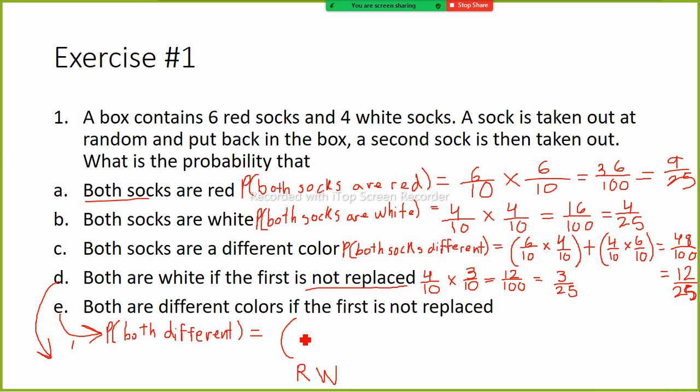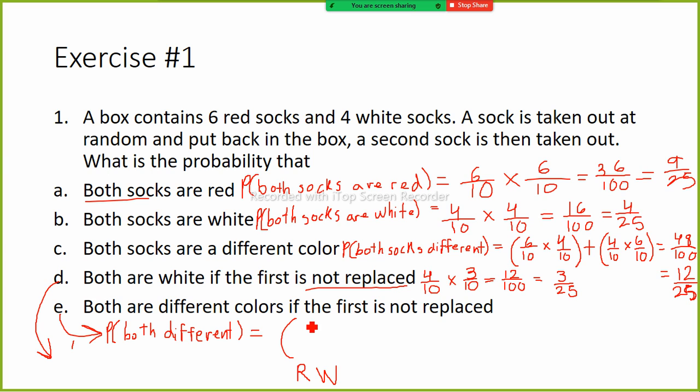So what's going to be the probability of getting a red sock, Albernique, at first? Repeat what you said, please. The probability of getting a red sock. Hello, Albanic, are you there?